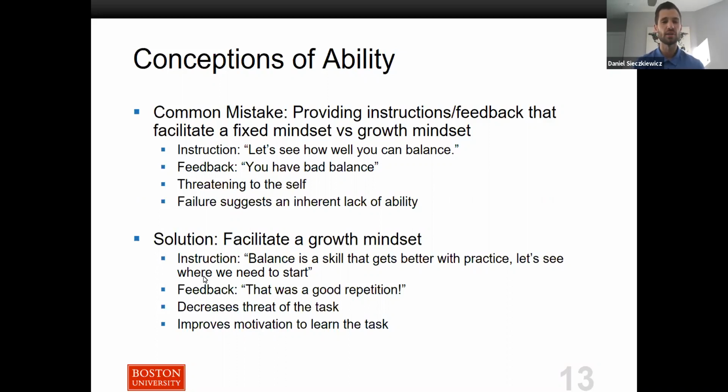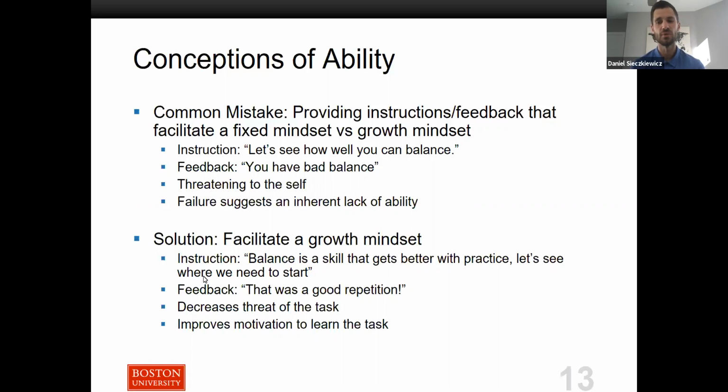So we want to have the focus be on the task rather than the person performing the task. So even if they perform well, we don't want to say, oh, you have good balance. We want to call attention to, oh, that was a good repetition. So when we do this, it decreases the threat of the task, and it improves the motivation to learn the task.